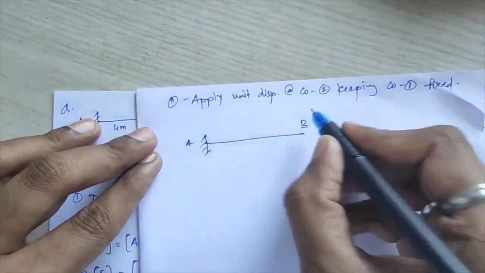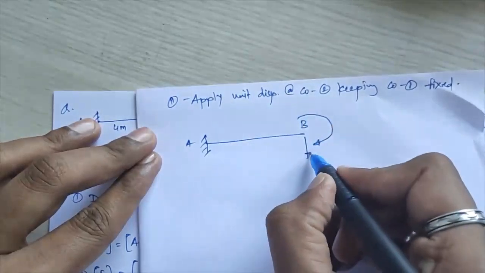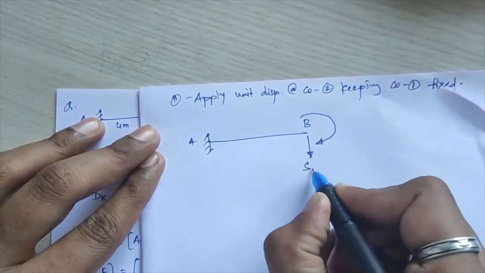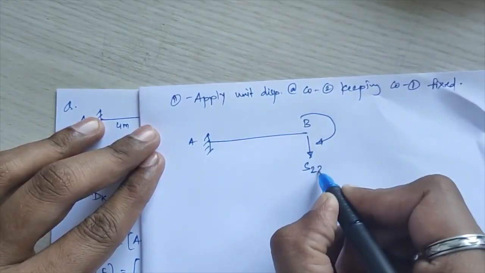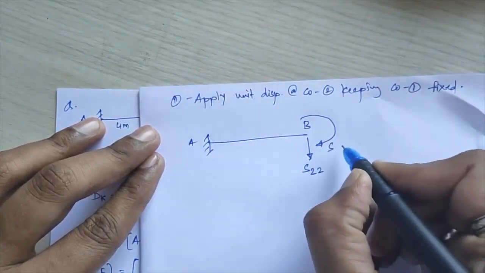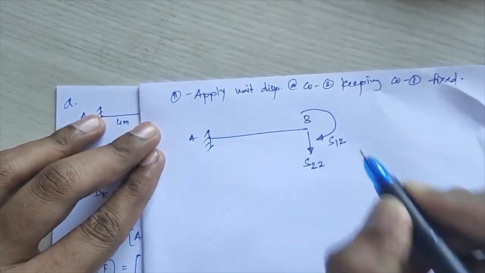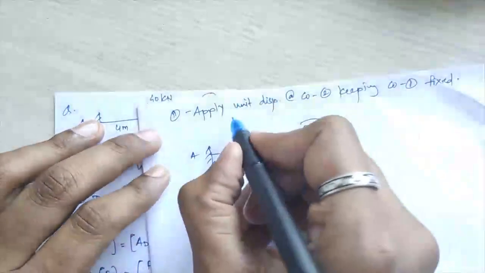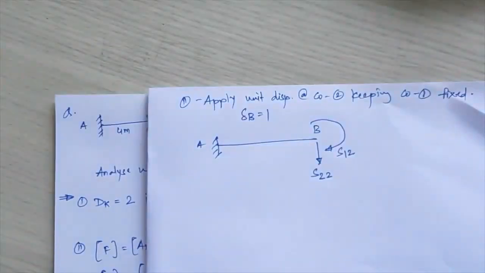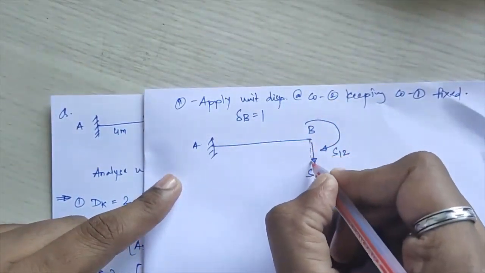Here I will mark again my stiffness coefficients, first the moment and second the downward acting force. This will become S of stiffness for your second coordinate when unit displacement is applied for the second coordinate, and here this will become S of stiffness for your first coordinate when unit displacement is applied for the second coordinate. That means you have to apply delta B is equal to 1.